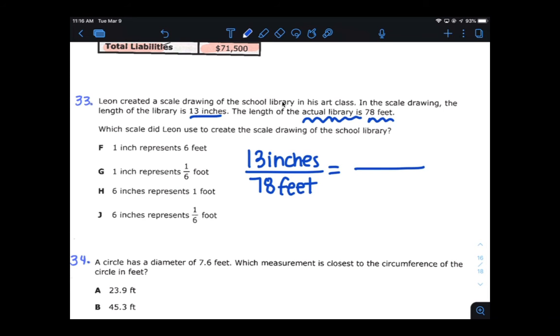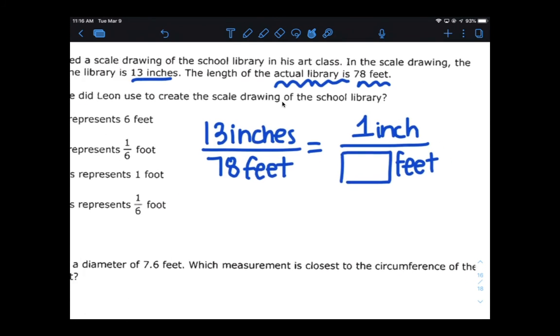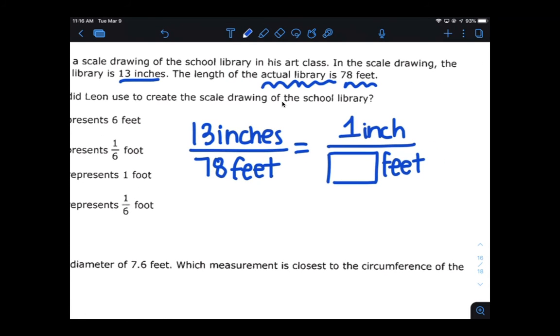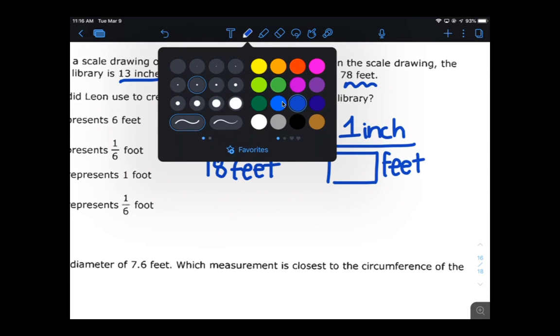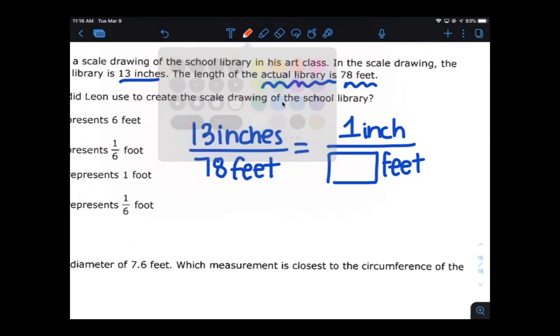So I want to know how much 1 inch represents in feet, right? I'm looking for this one. So once I put it like that, I go, okay, maybe what we need to do here is we divide by 13. 13 divided by 13 will give us 1.